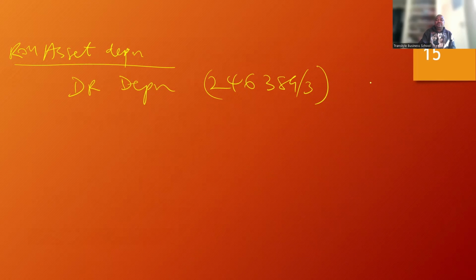That's 82,130. So in the first year, we are debiting depreciation, that is 82,130, and crediting what? The accumulated depreciation, isn't it?